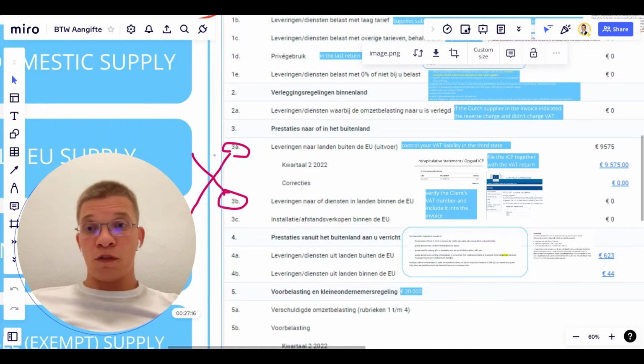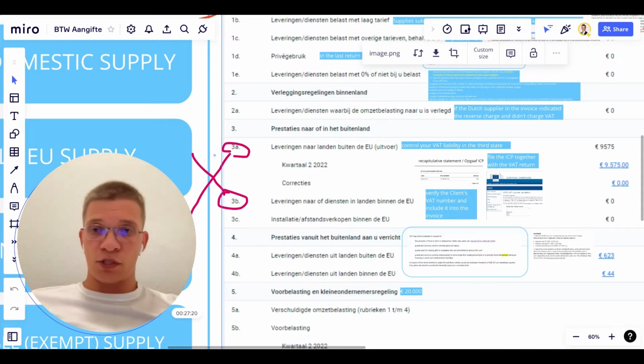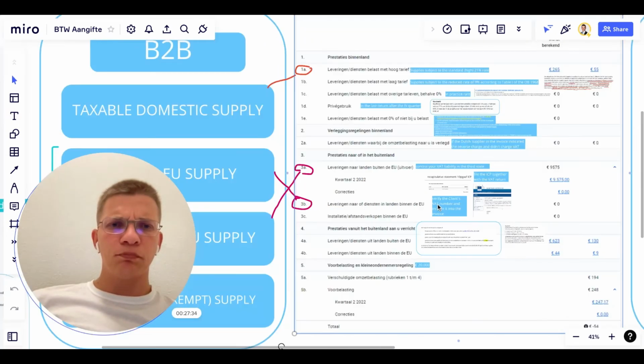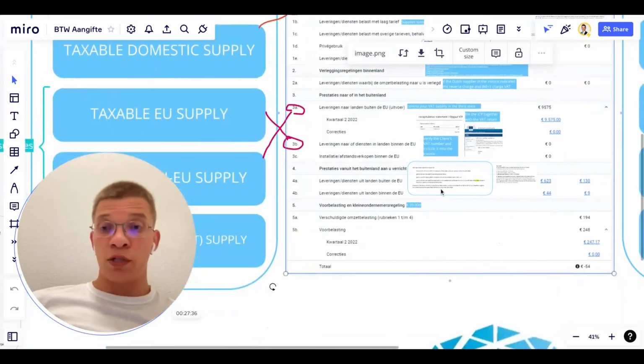And if the supply exceeds the threshold, like 10,000 euros, then you have to register for VAT purposes locally with the client's member state or use the one-stop shop, which I previously mentioned. That's why it's very important to ensure that the client has the valid VAT number.